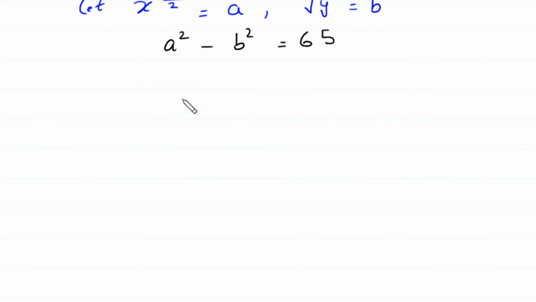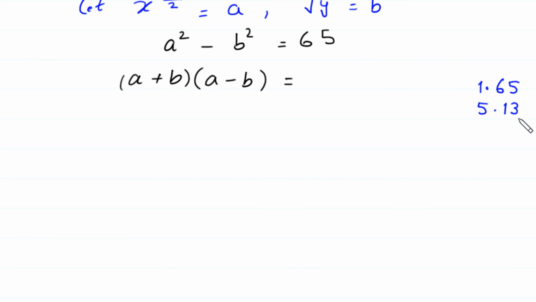Next we factorize both sides of this equation. According to the algebraic identity, a squared minus b squared is equal to a plus b times a minus b. And this 65 can be factorized as 1 times 65, 5 times 13, 13 times 5, and 65 times 1.